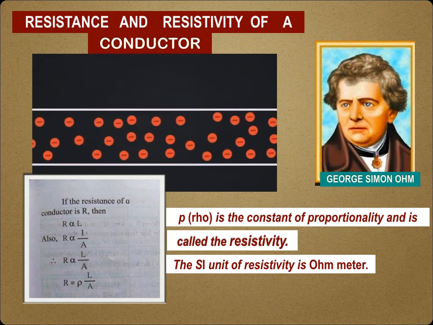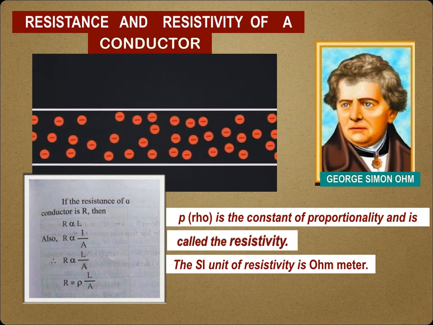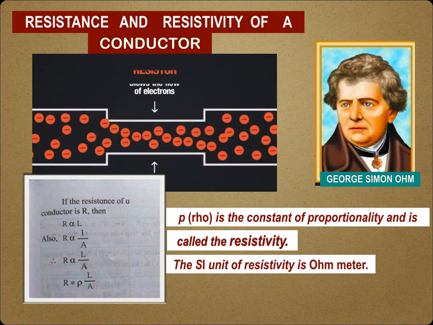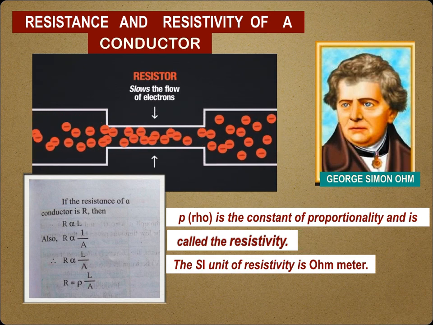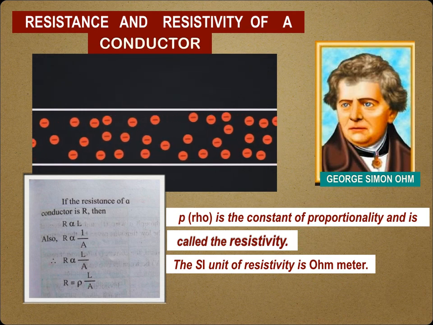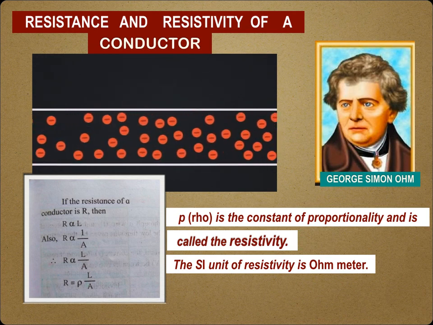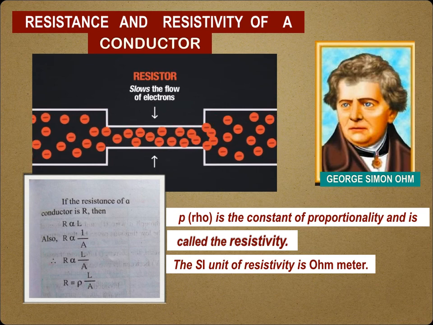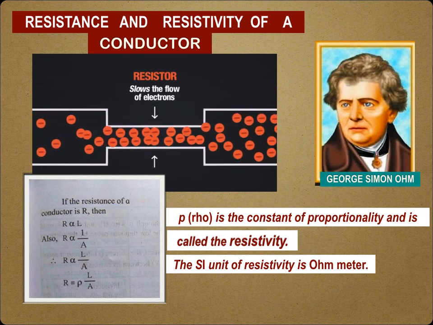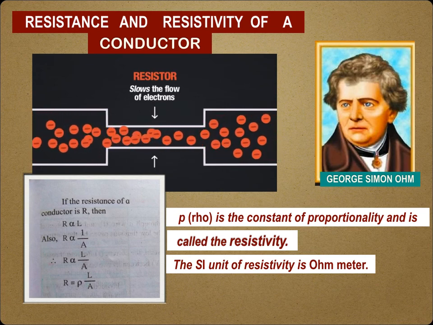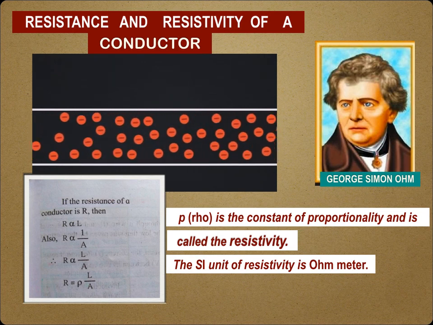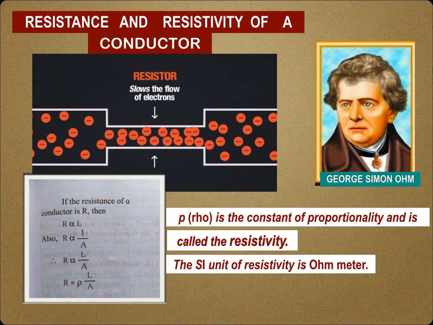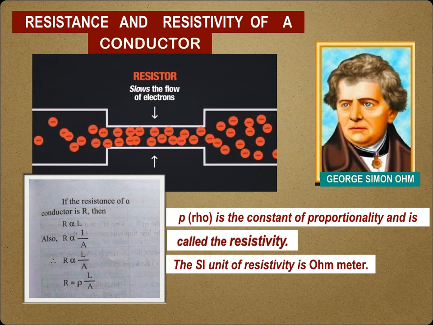Now what is resistivity? At a given temperature, the resistance of a conductor depends on its length, area of cross section, and the material it is made of. So, suppose the resistance of a conductor is R, then R is directly proportional to the length and inversely proportional to the cross-section area.